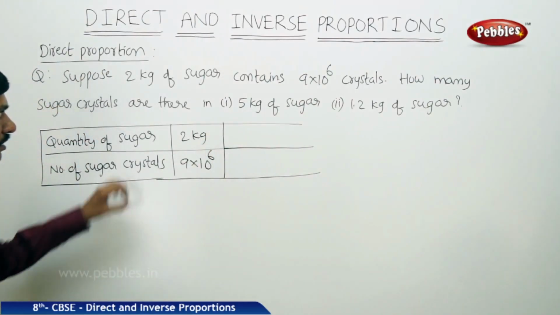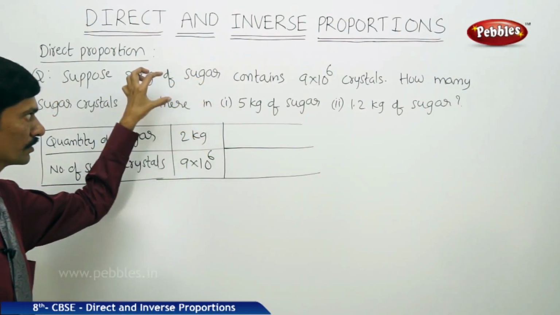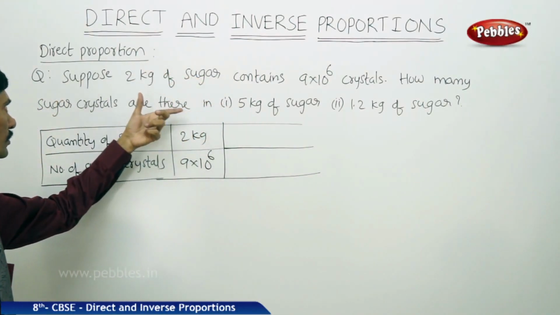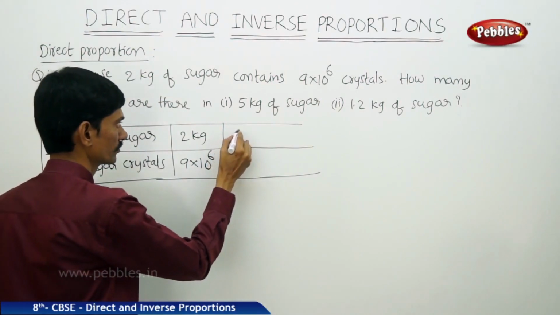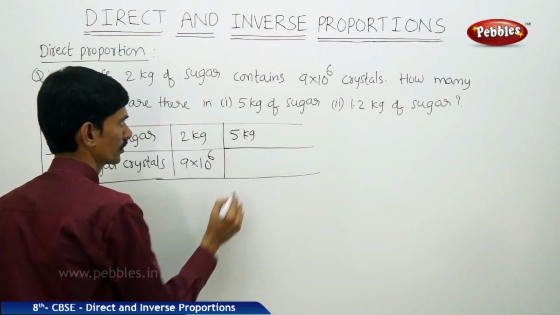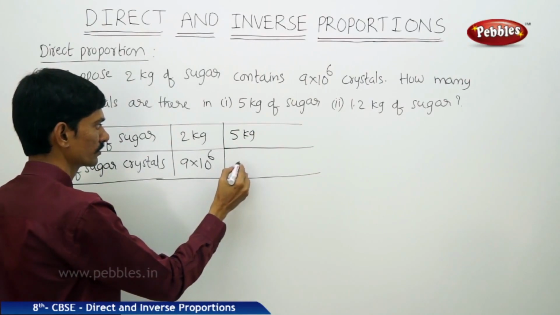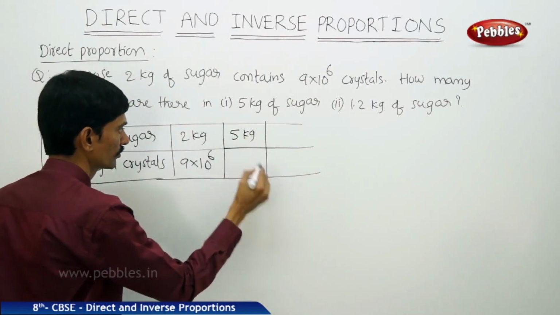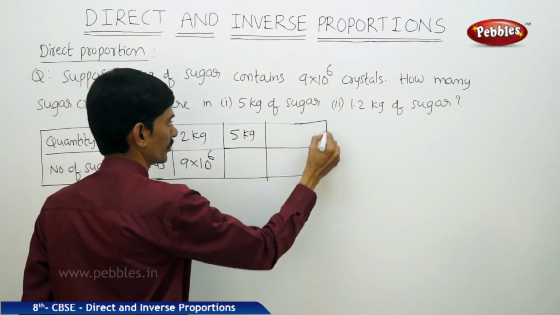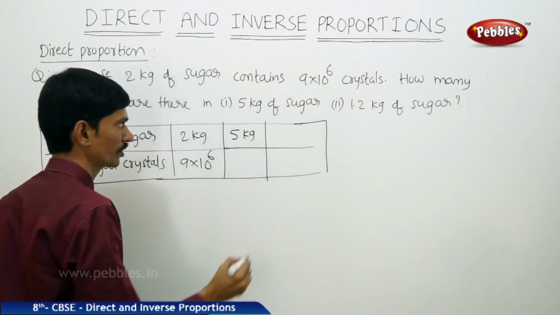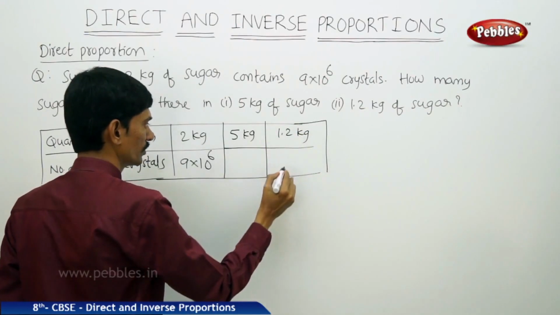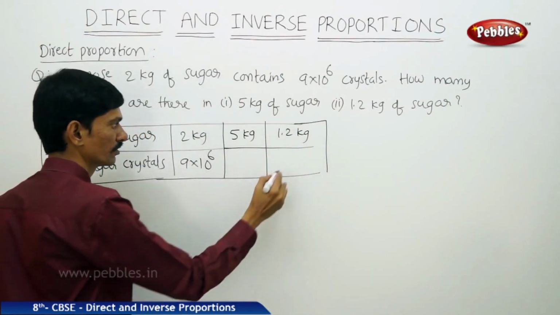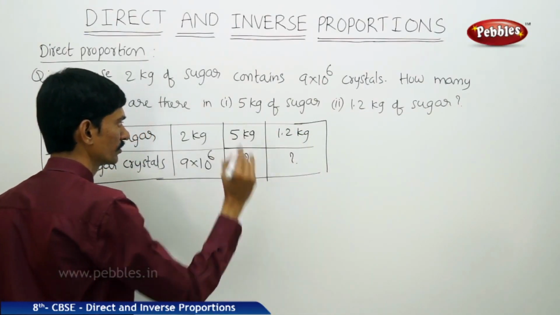Then if the quantity of sugar is 5 kilograms, then you should find the number of crystals. And if the quantity of sugar is 1.2 kilograms, then what is the number of crystals? So you should find these two values.